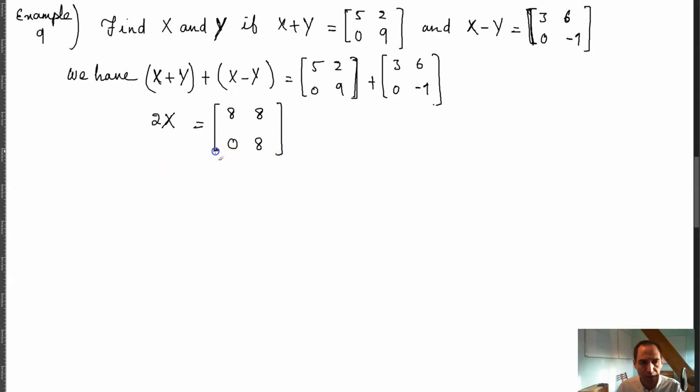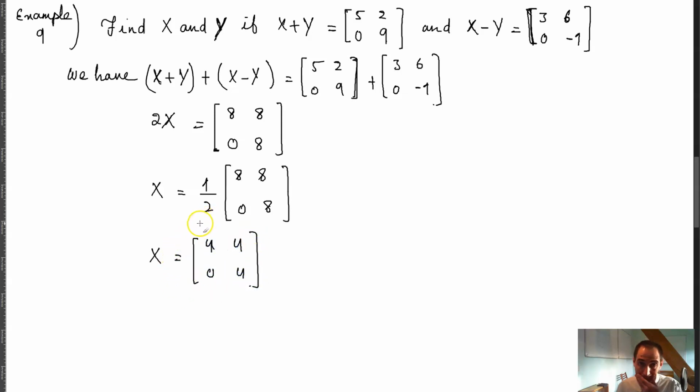That means that x is equal to, divide by 2, 1/2 times this matrix, which is 8, 8, 0, 8, which means that x is equal to basically 4, 4, 0, and 4, right?